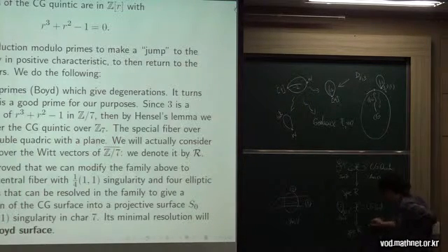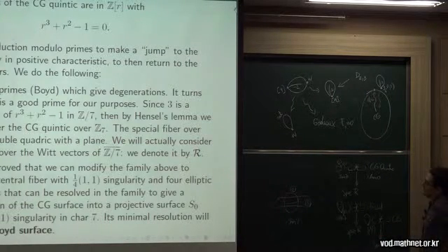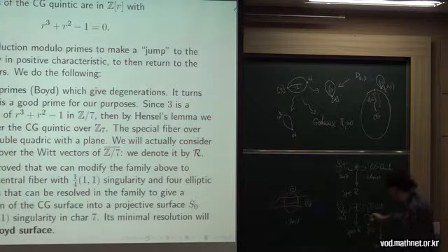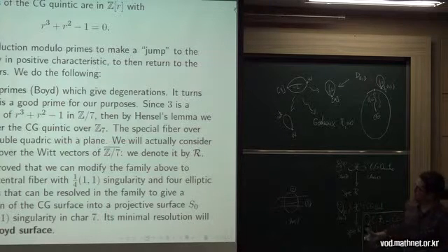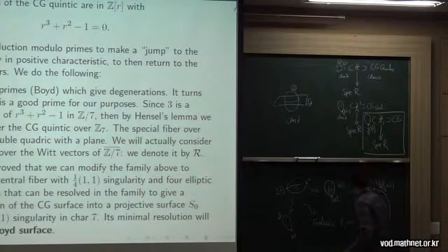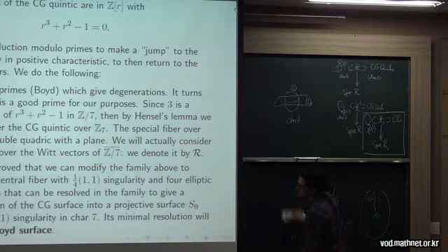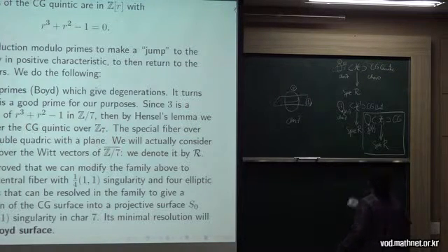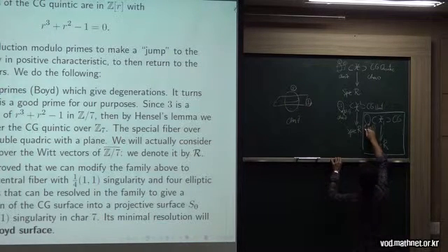So maybe this is Craighero-Gattazzo. And now we have this surface over Spec R. I will describe exactly the minimal resolution of this surface. We call it, because he found it, the Boyd surface. This surface is what we denote by S0.